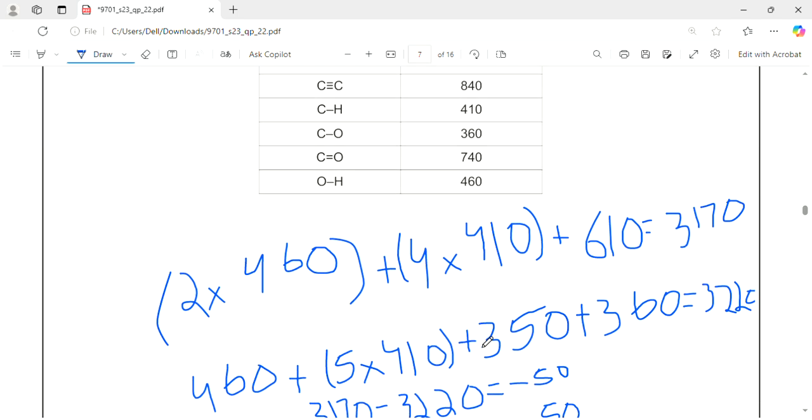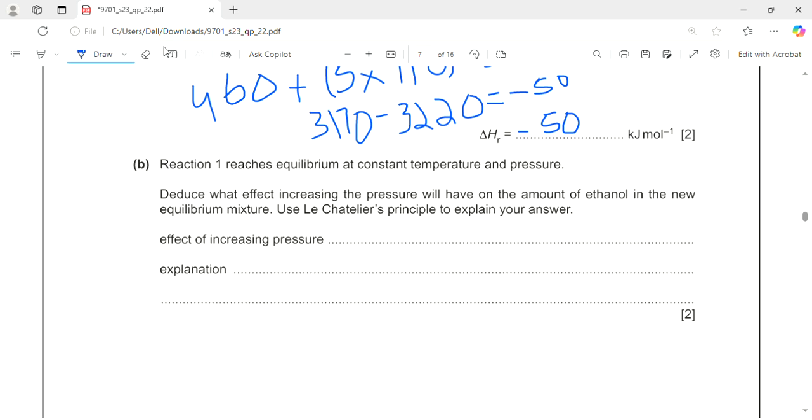The question is: reaction 1 reaches equilibrium at a constant temperature and pressure. Deduce what effect increasing the pressure will have on the amount of ethanol in the new equilibrium mixture, using Le Chatelier's principle to explain your answer.